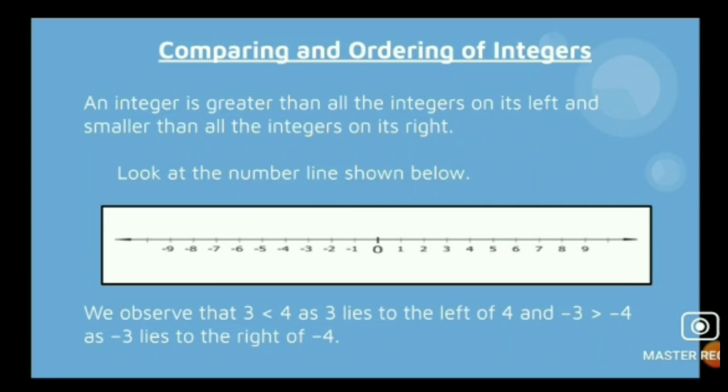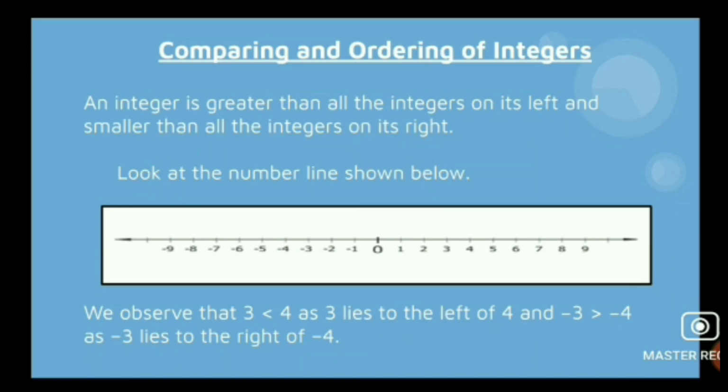An integer is greater than all the integers on its left and smaller than all the integers on its right. You have to keep these properties in your mind when you are comparing two integers. Every positive integer is greater than every negative integer. For example, minus 10 and plus 10.